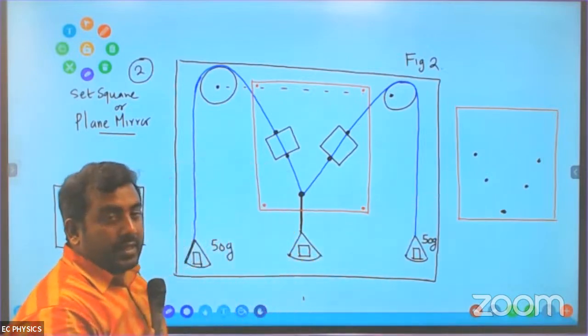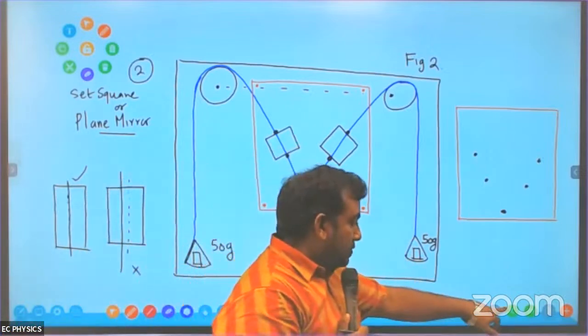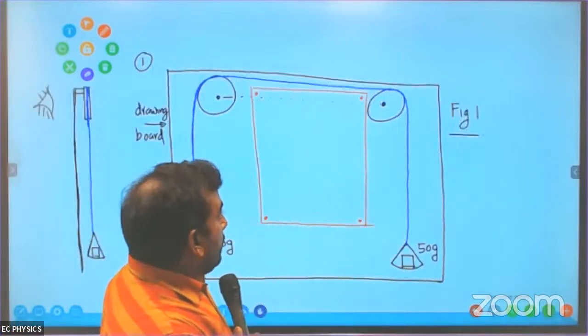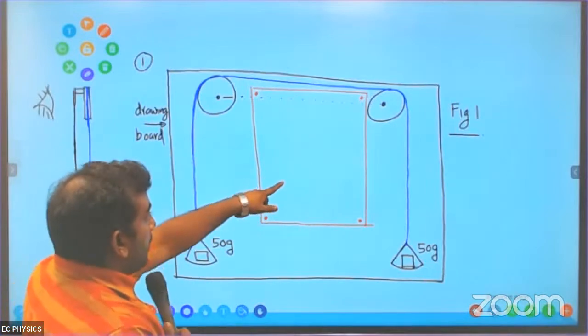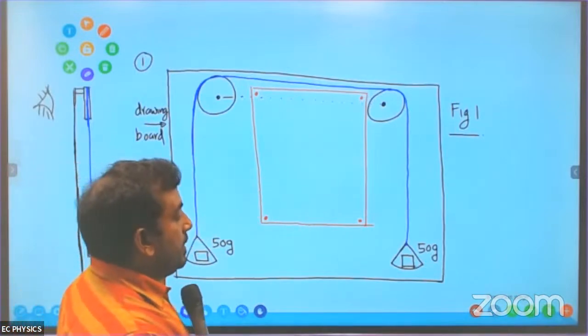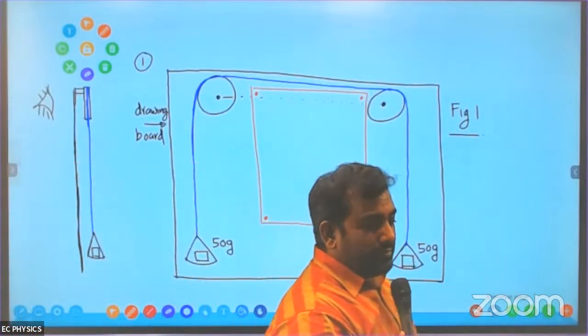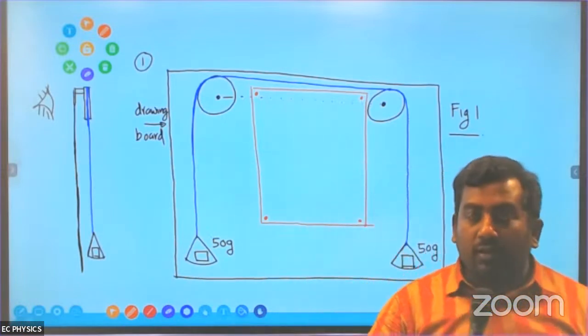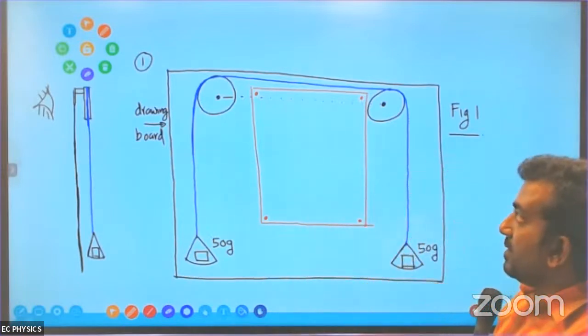Right. Before we continue, let's draw these two and finish. Draw figure number 1, the front view and the side view. After you draw this, quickly draw it. Maybe 2 minutes, quickly draw. And then the next picture is there. You can draw that as well.